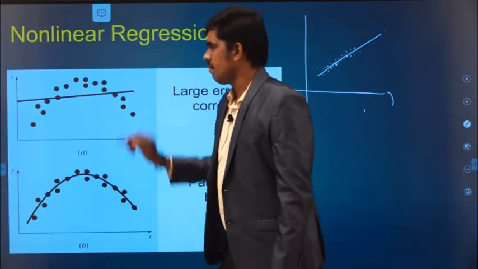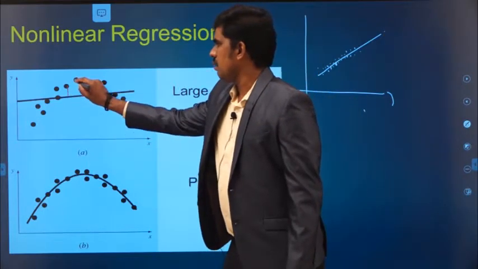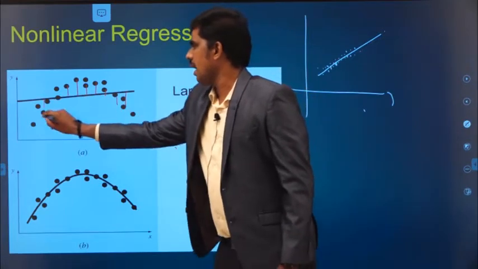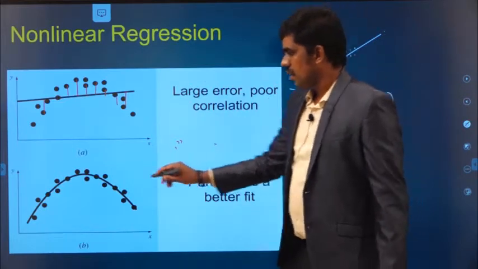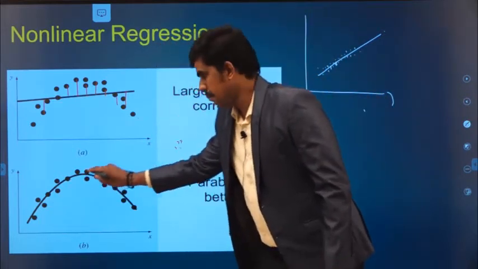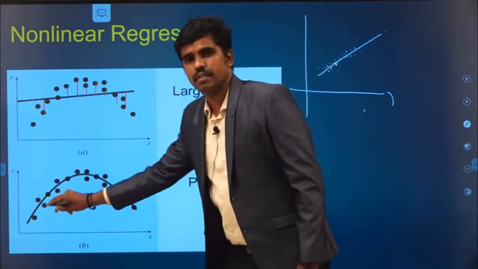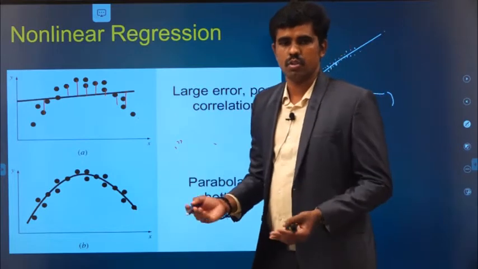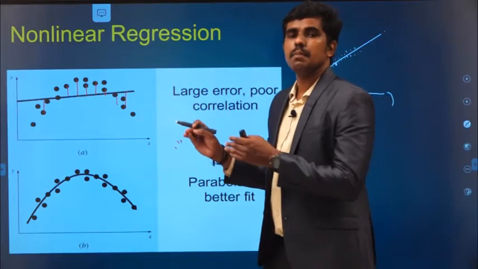You see, there is error, right? Maximum error is there, the error value is high. So for this kind of data, if we can find a parabola fit, a curvy fit, it will be useful. You can find a better solution, a better approximation. That's why we need a parabola fit.